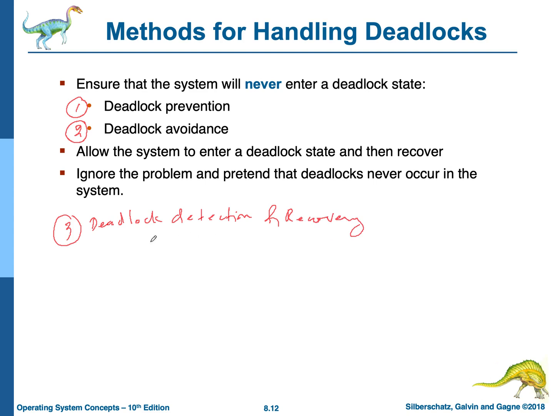Now many books have separated these two, deadlock detection and deadlock recovery, but this is actually one method, right? And then number 4 is deadlock ignorance.